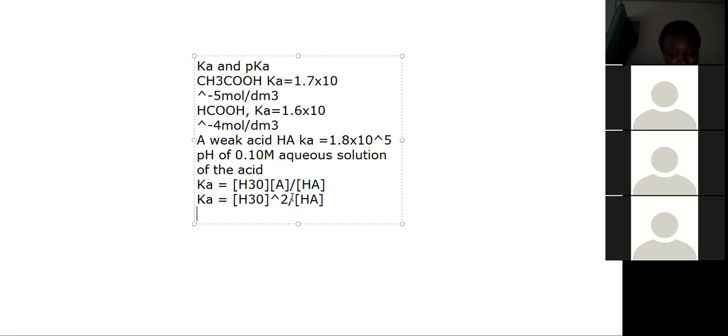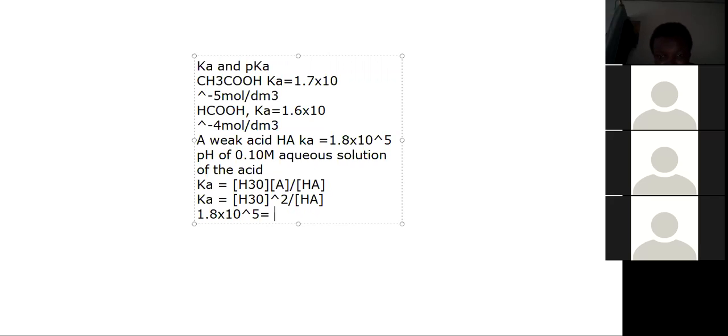But let's not forget that we've been given Ka to be 1.8 times 10 to the power minus 5. We don't know the concentration of H3O plus.